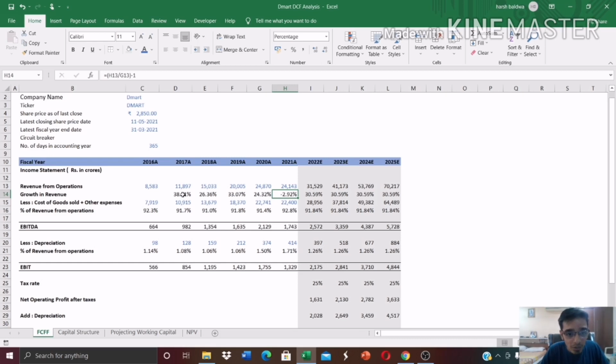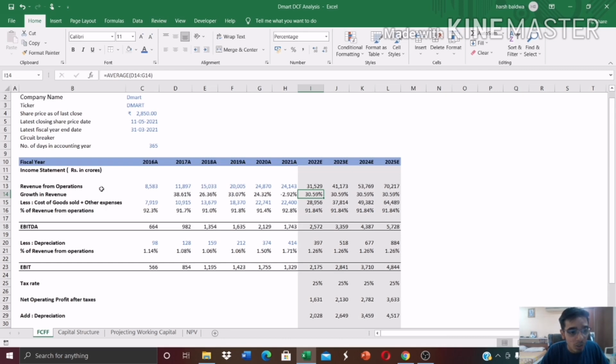So I've taken the average only for these four cells, not this one. So the average comes out to be 30.59 percent, and you can just assume it for all the years from 2022.